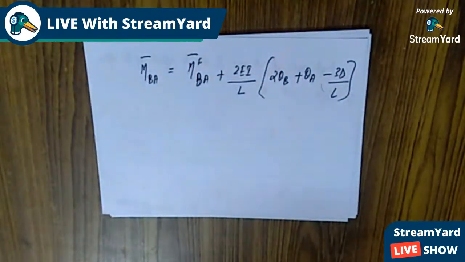This is the final slope deflection equation in order to find the final moment developed at the joints A and B.